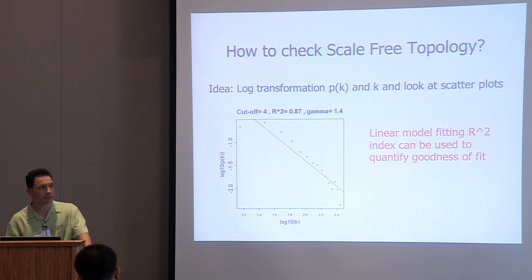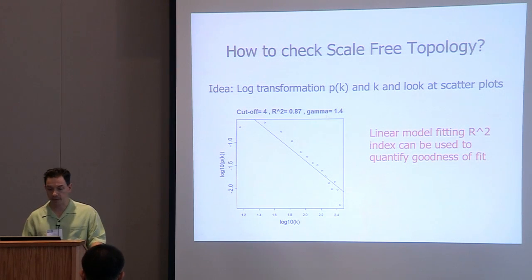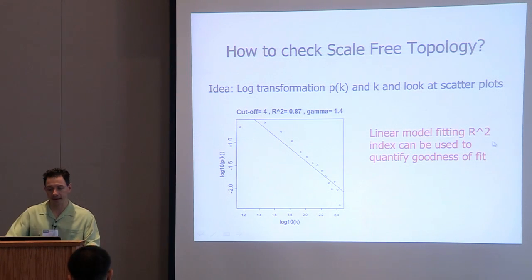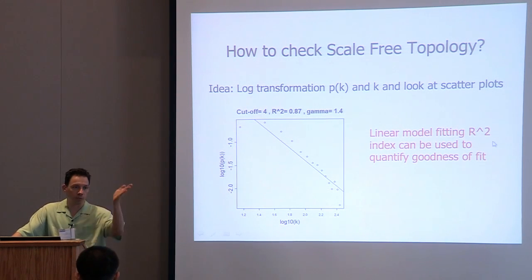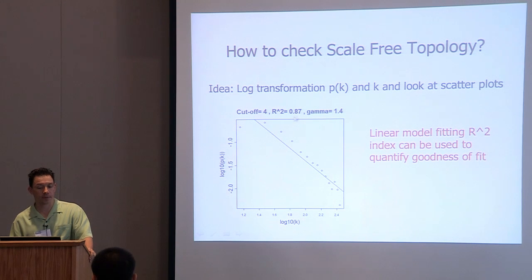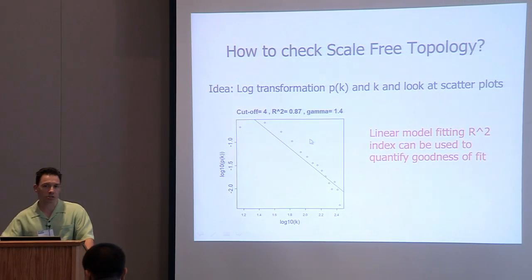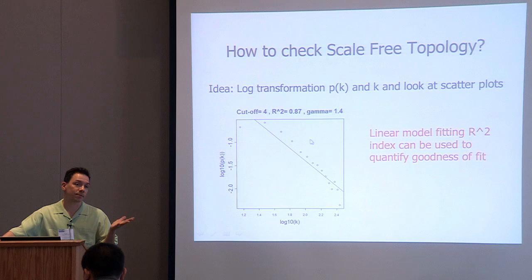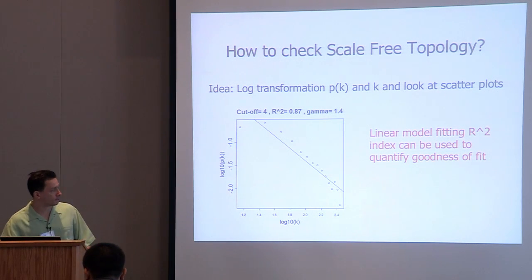We take the Pearson correlation between the log of the frequency versus the log of the connectivity, and this Pearson correlation squared, the R square measure, is the measure we use to measure to what extent scale-free topology is satisfied. So if this R square is high, for example, here it's 0.87, then we would say it's at least approximately satisfied. It's a fairly good fit.